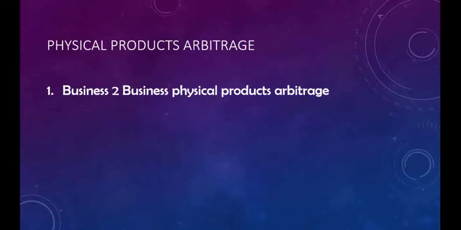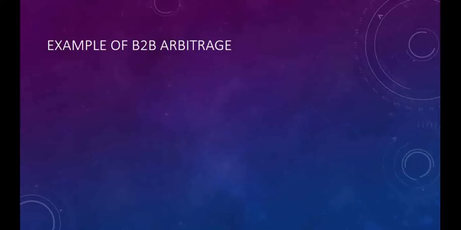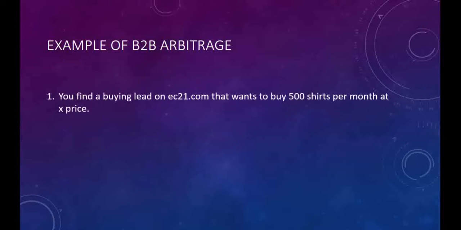First of all, we have the first type of physical products arbitrage, which I personally like very much, business-to-business physical products arbitrage. Let me give you an example, because it's a little bit different than what we will talk about in this class, but it can be a very lucrative business model. For example, you find a buying lead on a business-to-business online marketplace like ec21.com, which is a Korean marketplace, and you find a buying lead that wants to buy 500 shirts per month at X price.